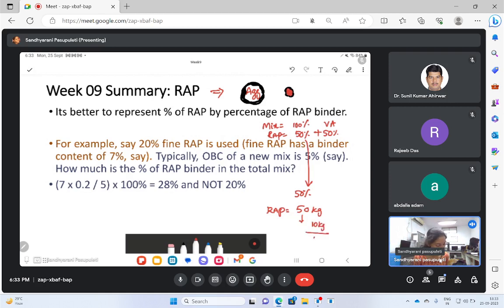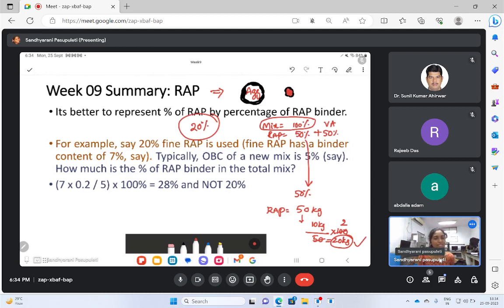So 10 kgs by 50 kgs into 100, let us say 50 into 2, so total 20 kgs. That means in this total 50 kgs of RAP, 20 kgs is binder. So total mix is 100%. In that 100%, 20 kgs of binder will be around 20%. So now the RAP percentage will be 20%, not the 50%.